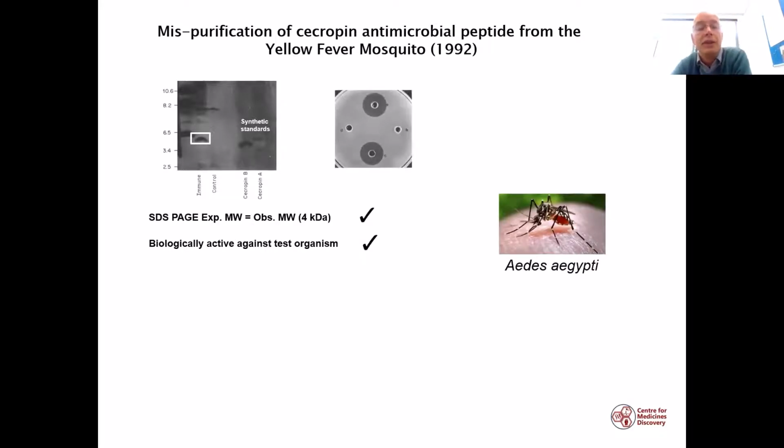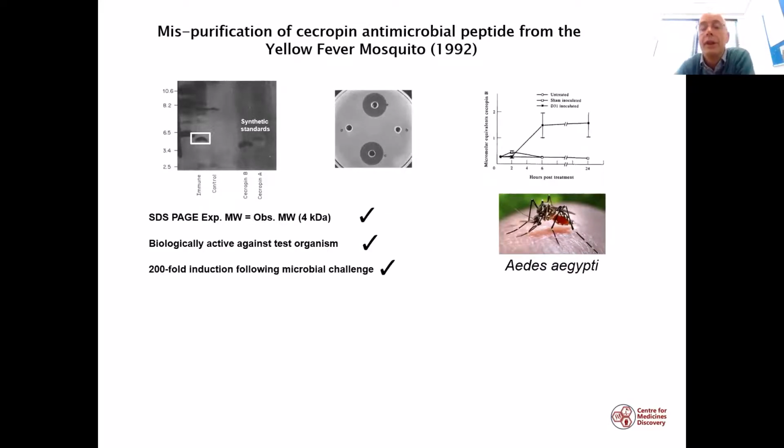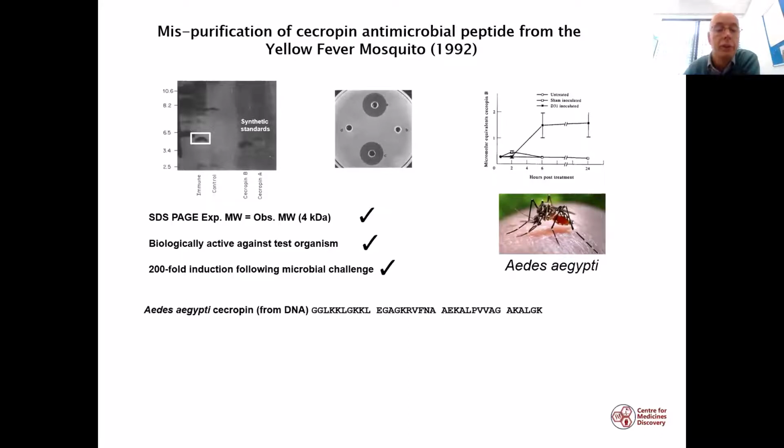I knew its biological activity, so I had a bioassay and it came up positive in the bioassay, so that's all good. And finally, it's inducible. I had an immune stimulus, and that would induce 200-fold induction of the protein. So I have the correct molecular weight from SDS-PAGE, I have the correct biological activity, and I have this 200-fold induction. So I was very confident that we've got the protein.